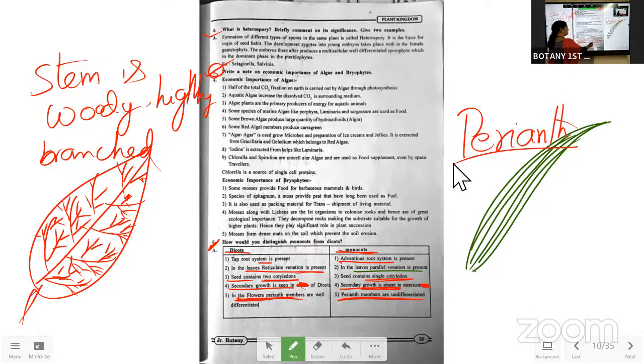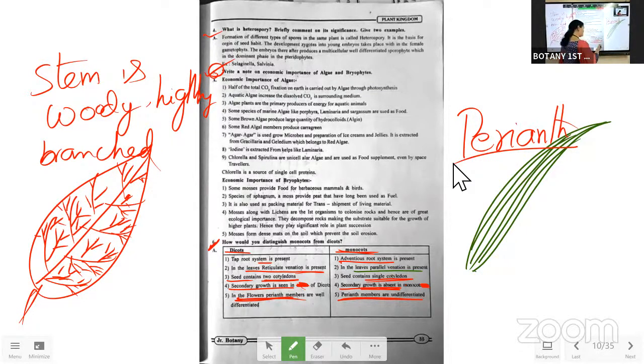So here what we are saying: in the dicots, flowers have clear calyx and corolla, whereas in the monocots, calyx and corolla are not that much clear. That means they have perianth members. Undifferentiated means they cannot be differentiated into calyx and corolla.